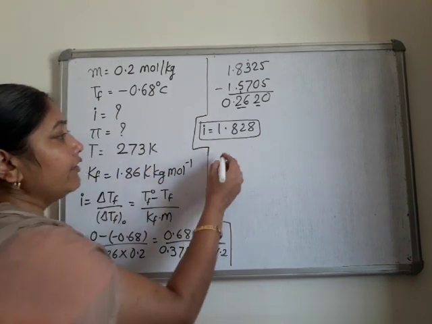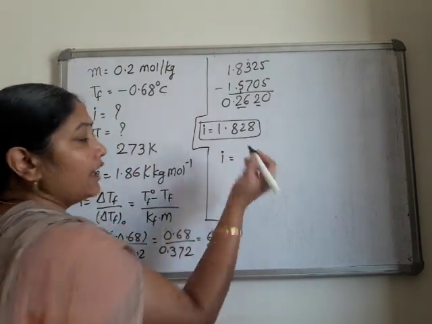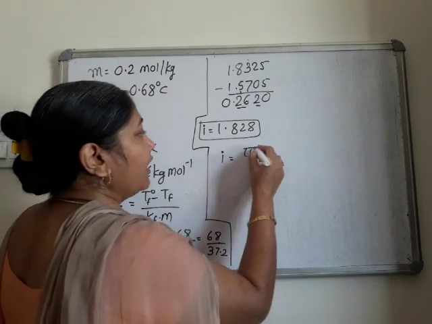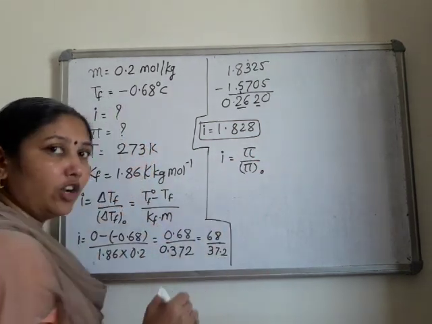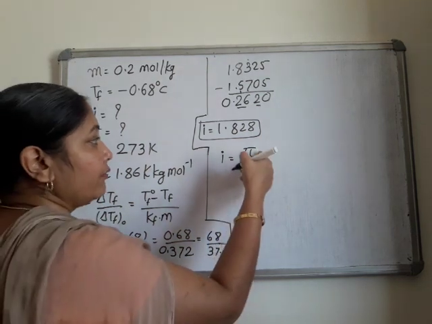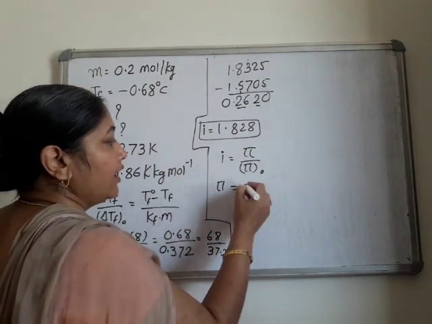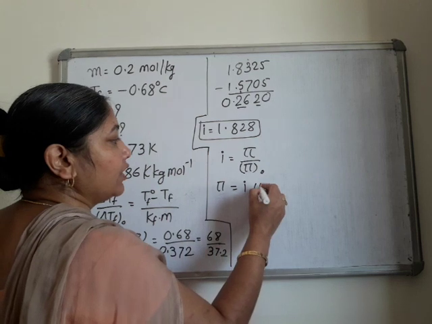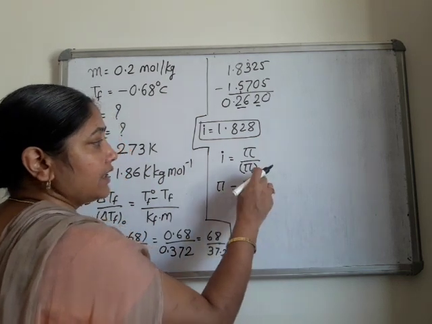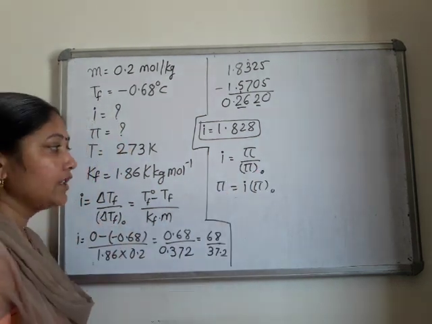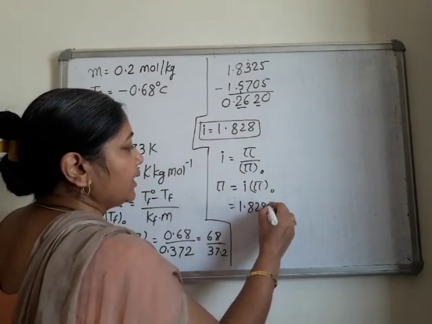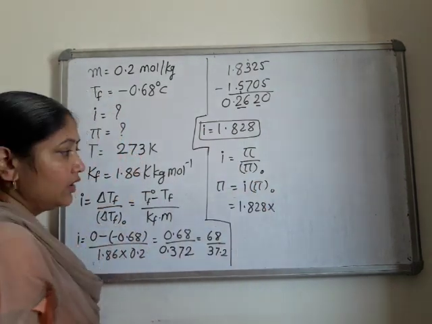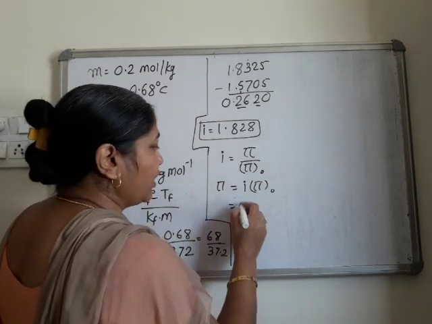Now where to find pi? So i is equal to pi observed upon pi theoretical. So first we have to find pi. So we can multiply pi standard by van't Hoff factor i, we have 1.828. And what is pi? So I will write the formula.